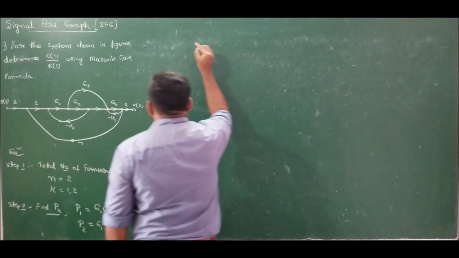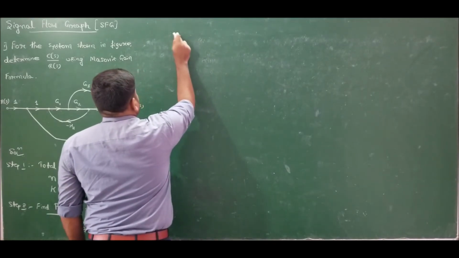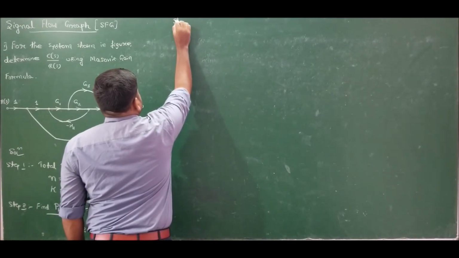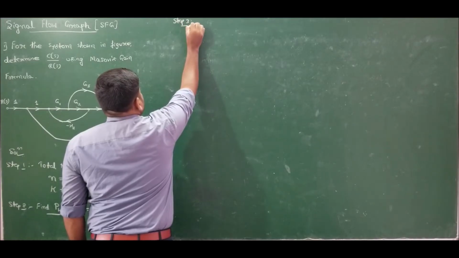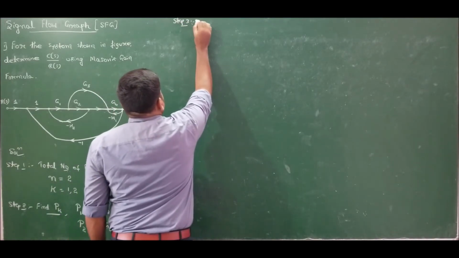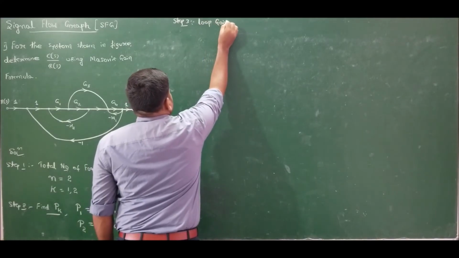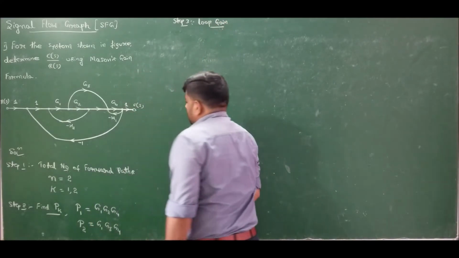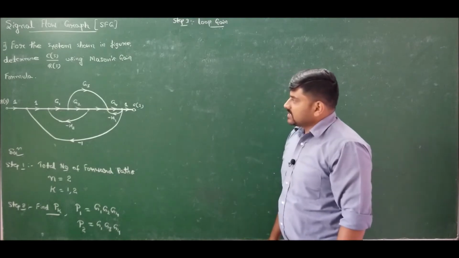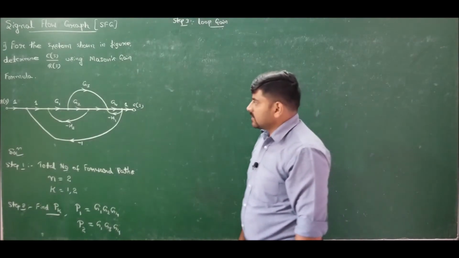Next, move to step 3, to find the loops. Step 3, loop gains. You have to find the loop gains. First identify how many loops there are.